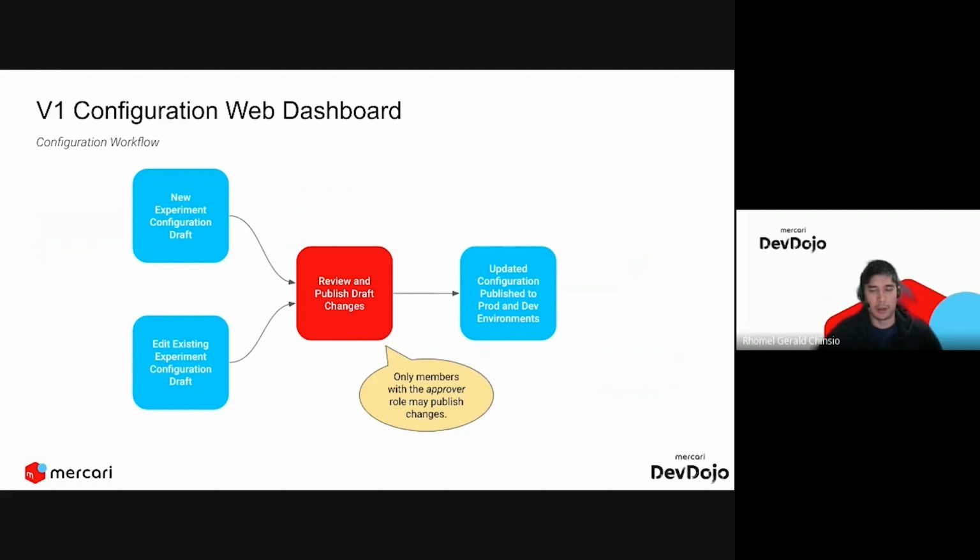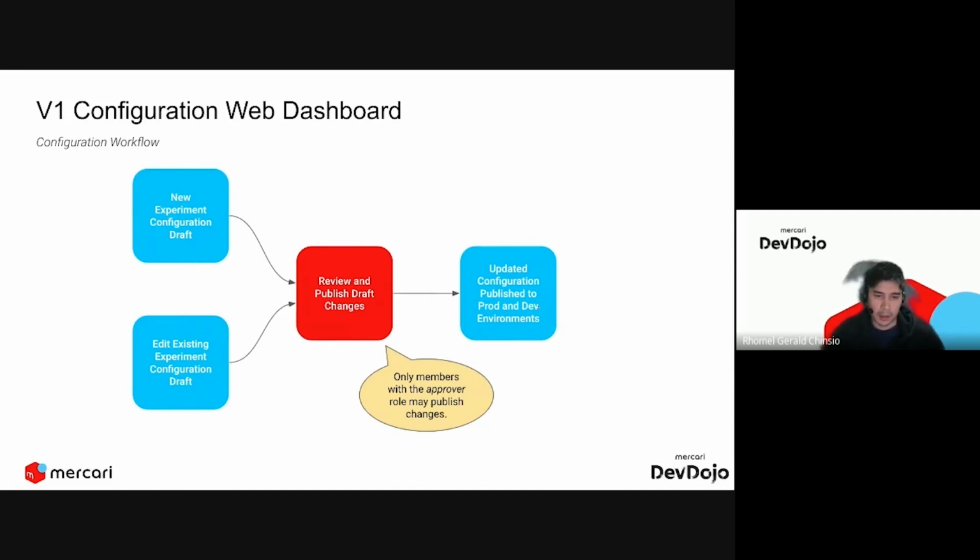Our current system is quite simple. Note that there's a V1 distinction. We're in the process of getting to V2. I'll get to that later. Our current system is very basic, where you basically create your own configuration for each experiment or feature flag, and then publish it directly to the system, and your changes will be made in real time.